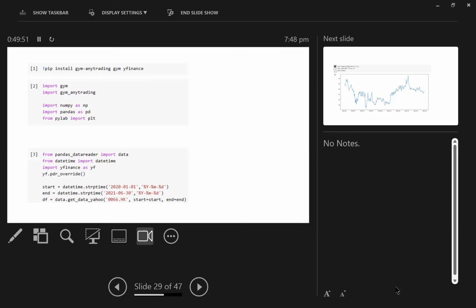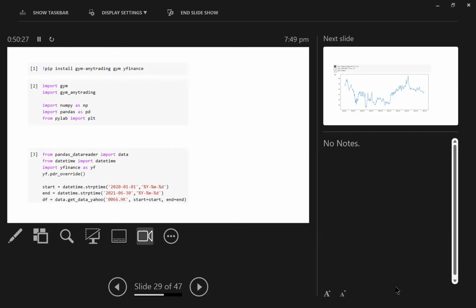Okay, this part as usual, we call Yahoo Finance through the pandas data reader to get the data on again our old friend MPR. Okay, the starting period will be 2020 January 1st, and the ending period will be 2021 June 30th. Now, later in our example on sentiment analysis, you will know why.